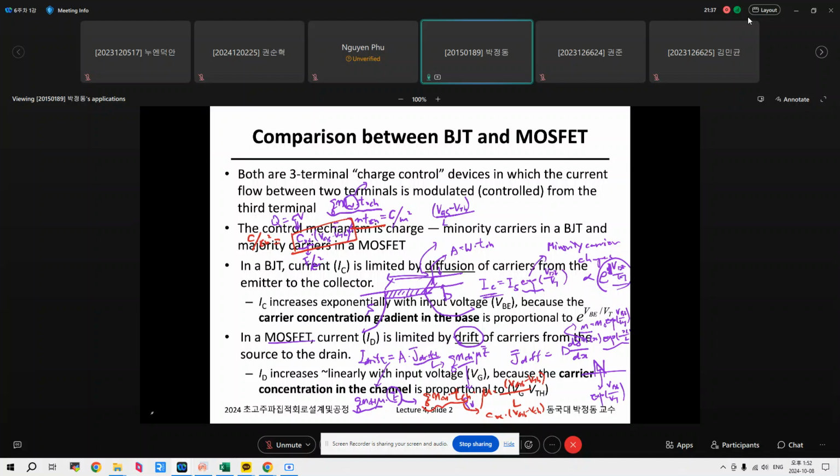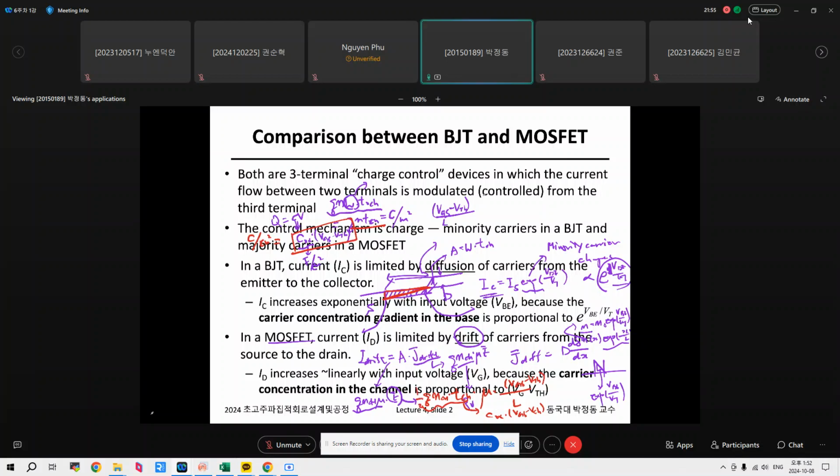so in saturation, right, we assume that the total charge is triangular, not square. Therefore, we have to multiply it by half.